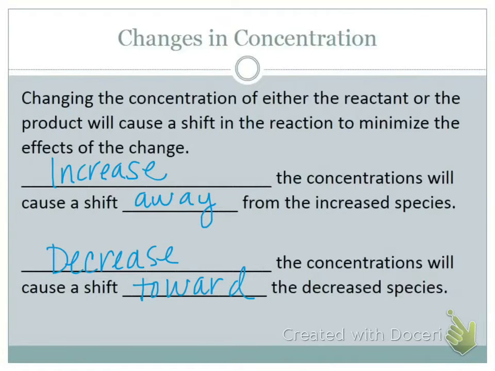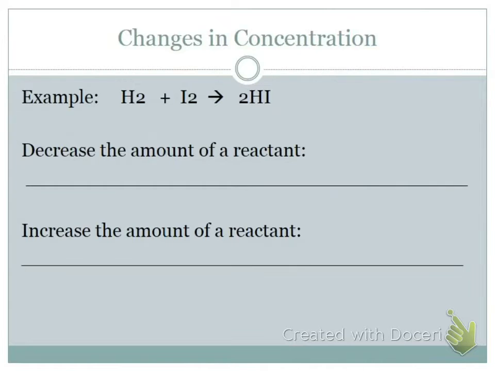So let's look at an example. I have this particular reaction: H2 plus iodine makes hydrogen iodide. If I were to decrease the amount of a reactant, so I could choose the H2 or the I2, meaning I take some out, which way would this equilibrium shift? Toward the left or the right? Remember, if I decrease, it shifts toward what I'm decreasing.